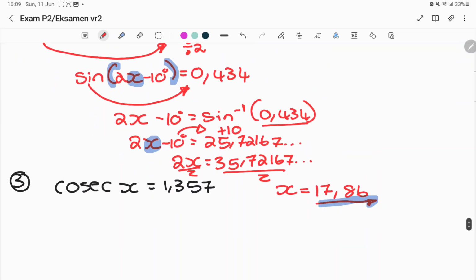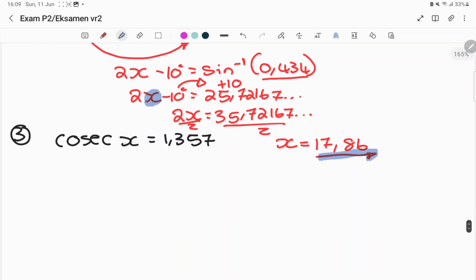So this is still solving for x. So I want to get my x alone. So I have to take over my cosec. However, I don't know what cosec is. So before I can take it over, I have to change it either to cos, sine, or tan. Now remember, cosec is the same as 1 over sine.